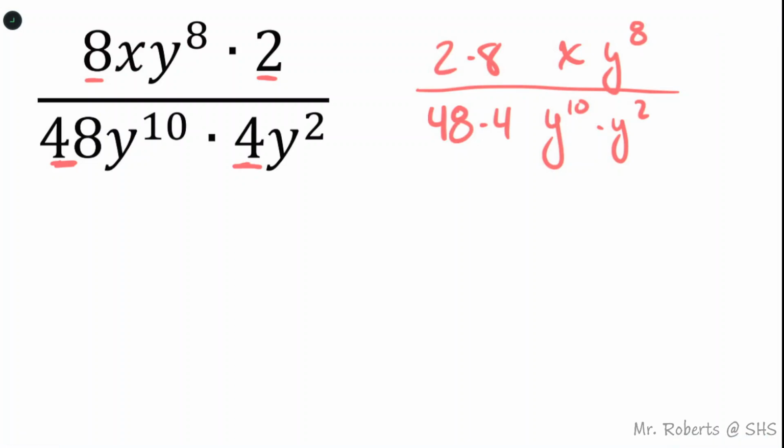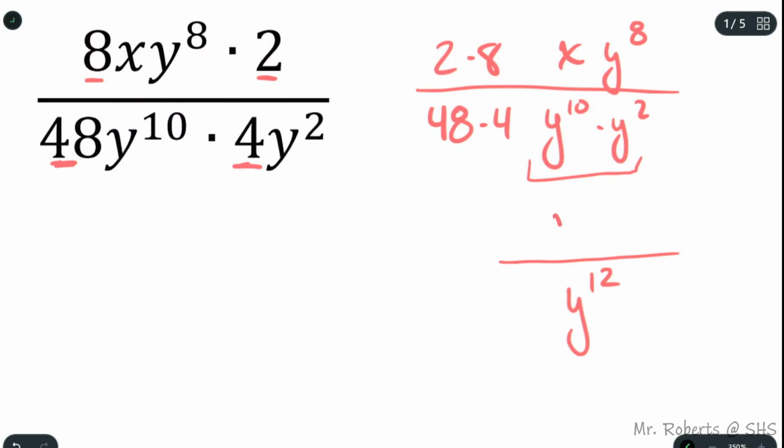Looking at the denominator, this is y to the 12th. So for my next version, I'm just going to change that to y to the 12th. In the numerator, there is an x times a y to the 8th. I can't forget there's this number I have to deal with, right?